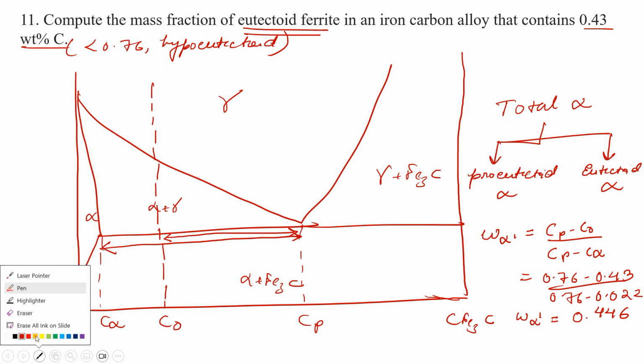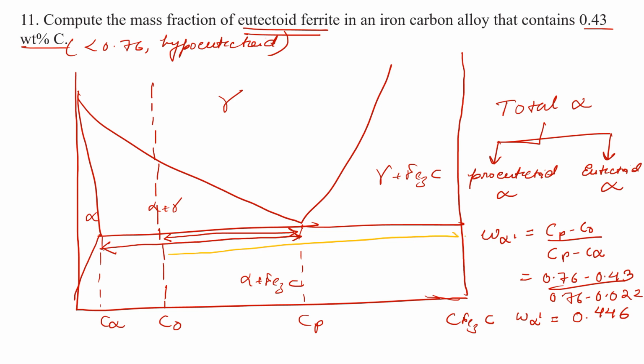Okay. So similarly, the total alpha is again easy to see. In that case, you have to see the range. This one, the total. So alpha is this field, by the way. So you have to consider the range opposite to this phase field. So this range divided by the total range here should give me the weight fraction of total alpha.